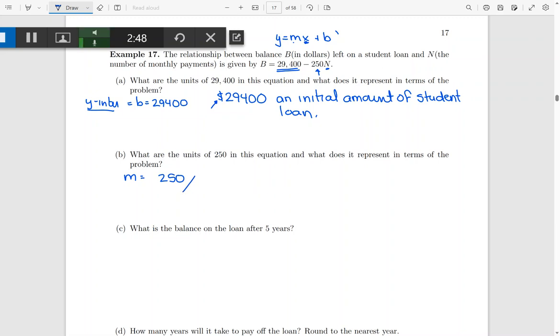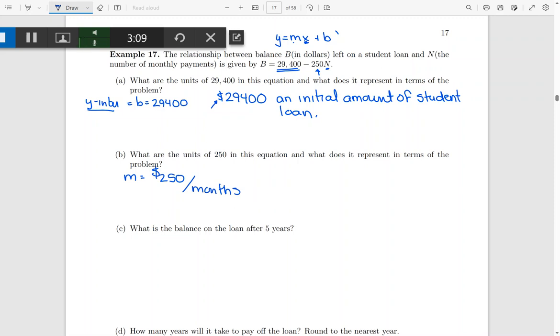So I look back at the units here, and I've got dollars and I've got months. The months is our input variable, like our x, and that's going to be on the bottom. And the top label is dollars.